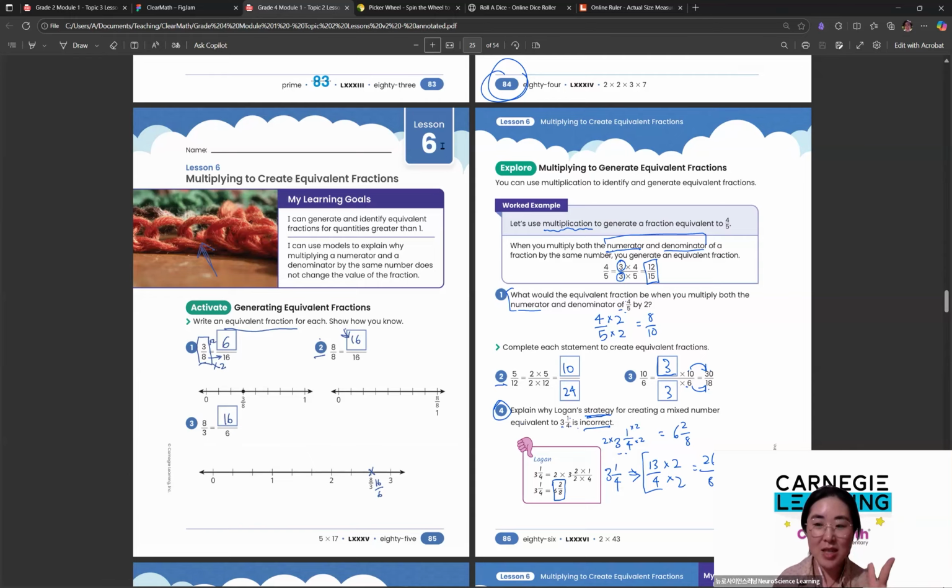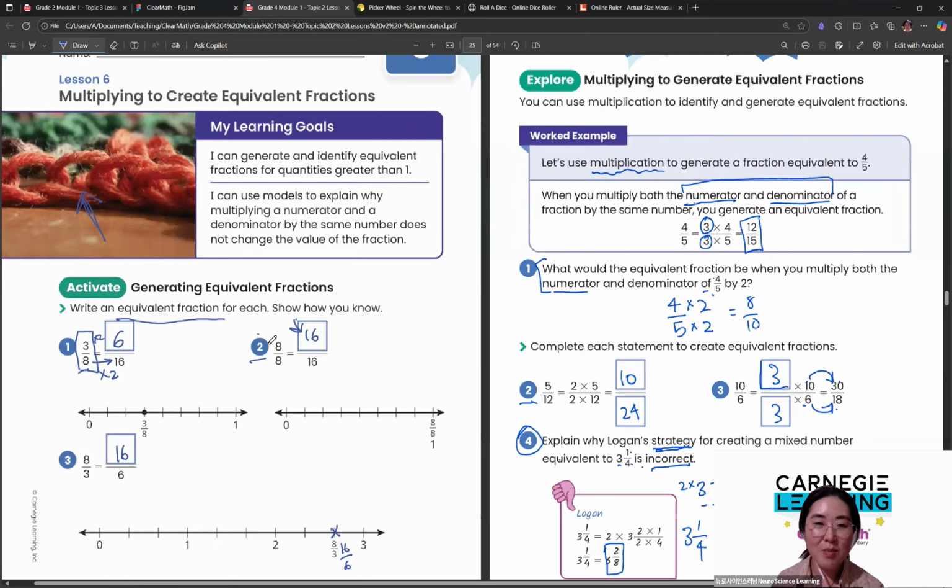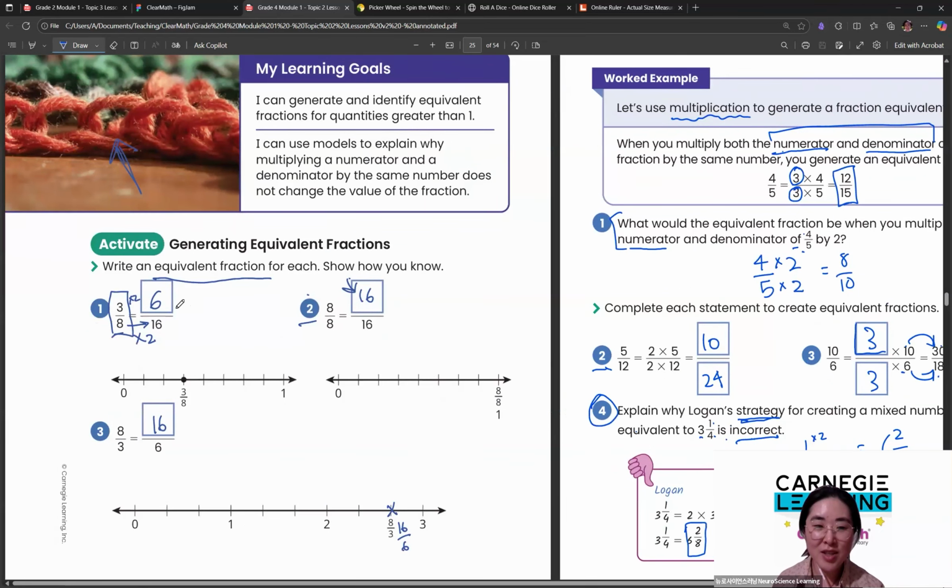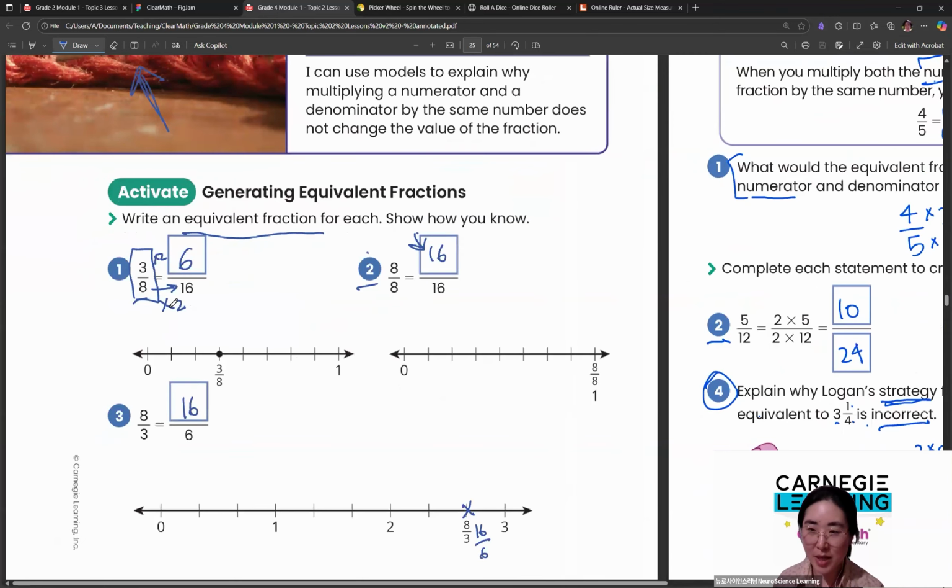So we're on lesson 6 of topic 2, and equivalent fractions means that the fraction is the same amount, but it just has different numbers. So if you look at the examples here, 3 over 8 is the same fraction as 6 over 16. 6 over 16 means the same proportion as 3 over 8.